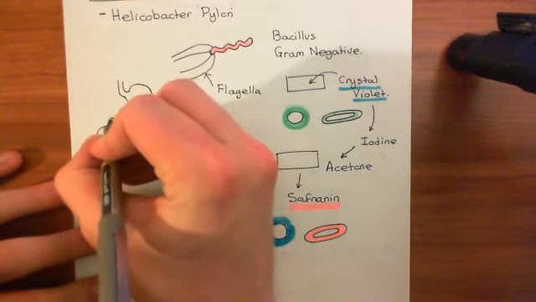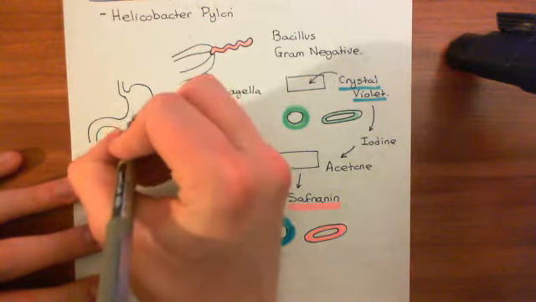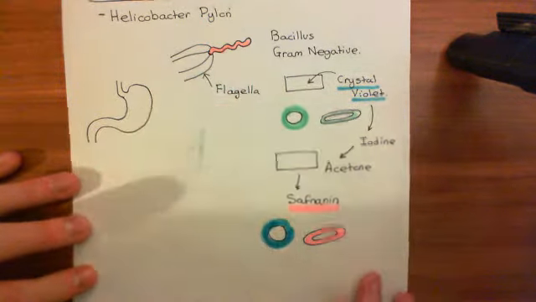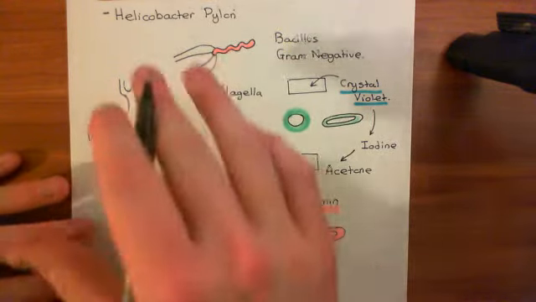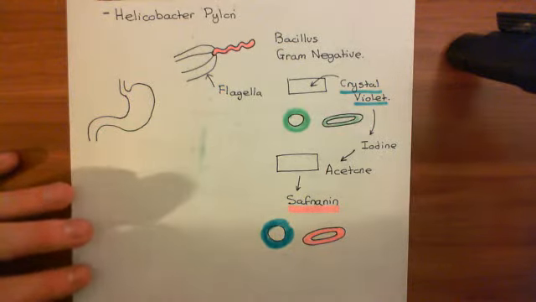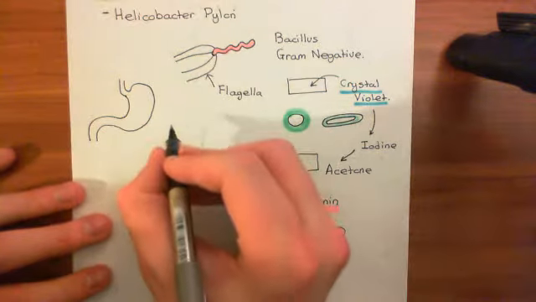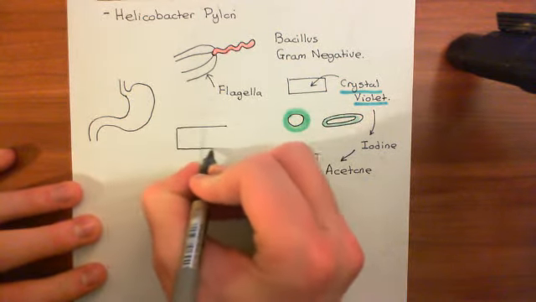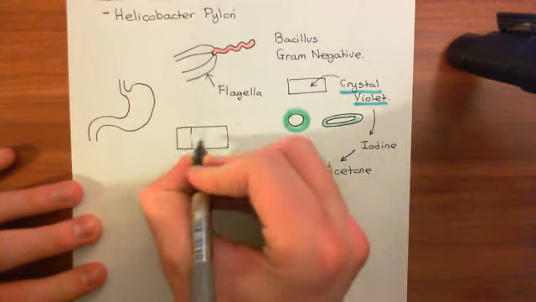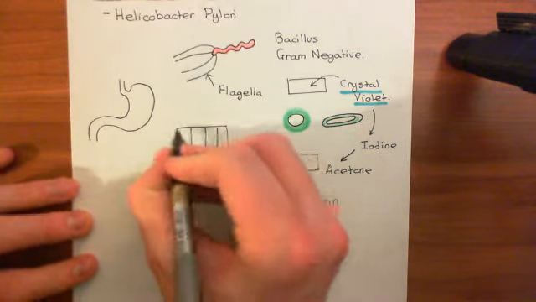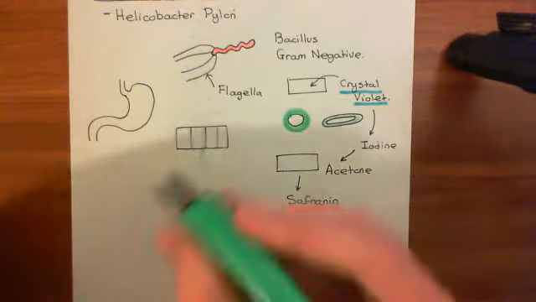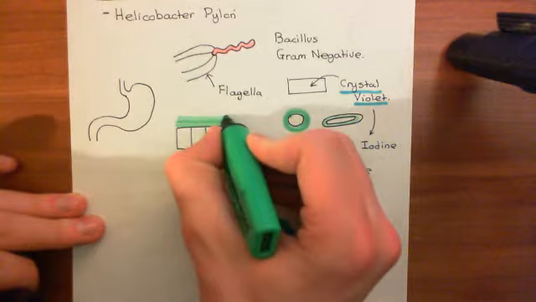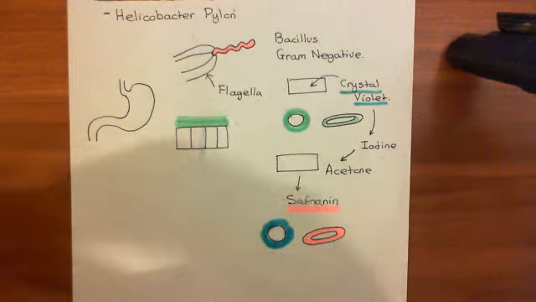Now, you might ask, well, how on earth can it live on the surface of the stomach? There's the hydrochloric acid within the stomach that's supposed to stop bacteria from being able to live in there. But basically, it lives within the mucus that covers the epithelial cells. So here we have these columnar epithelial cells lining the surface of the stomach. And we know that the columnar epithelial cells secrete this lovely thick layer of mucus to protect themselves.